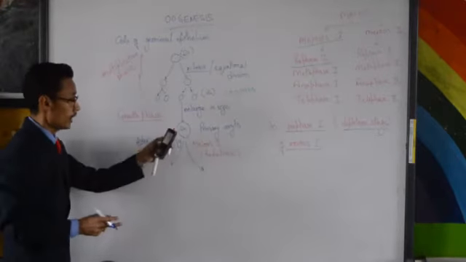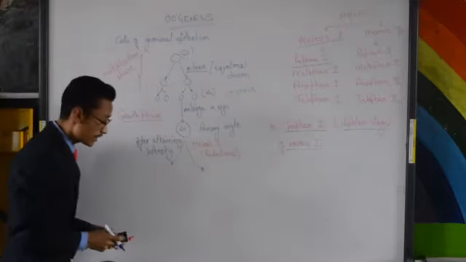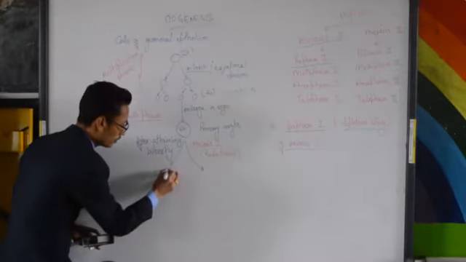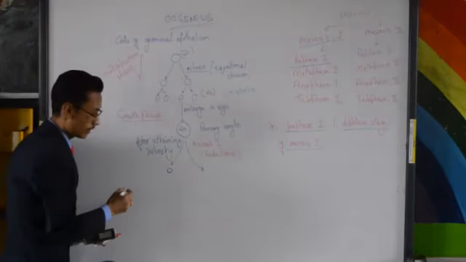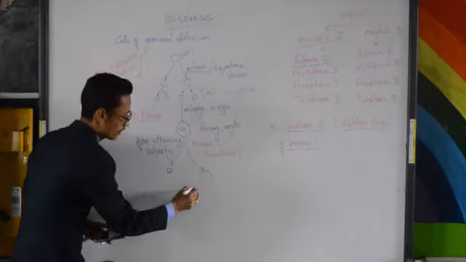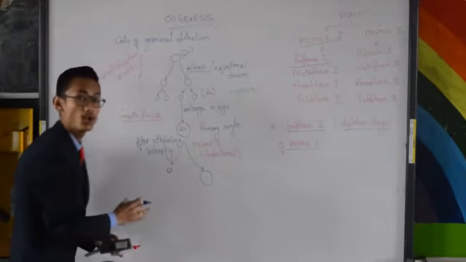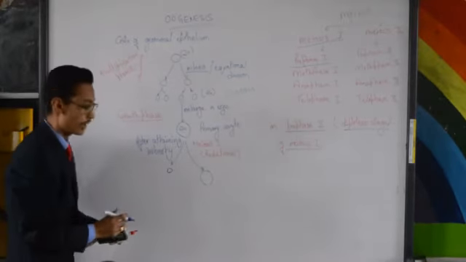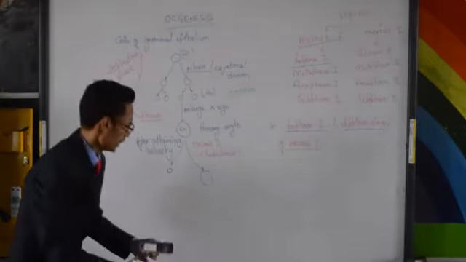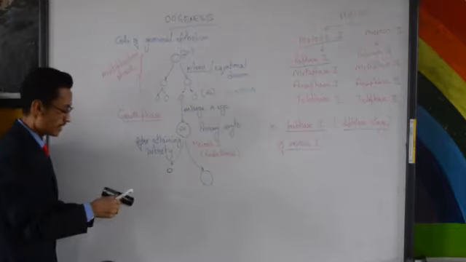and therefore these primary oocytes will divide into one small cell and a larger cell. That means there will be unequal cell division. You can see the size or the shape of the cell. It will be unequal cell division.